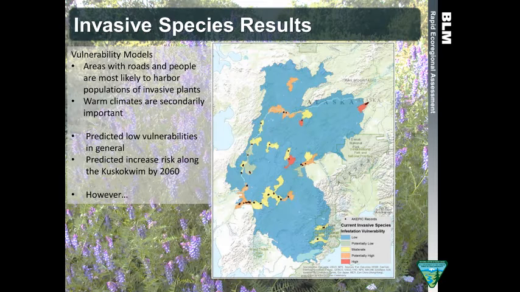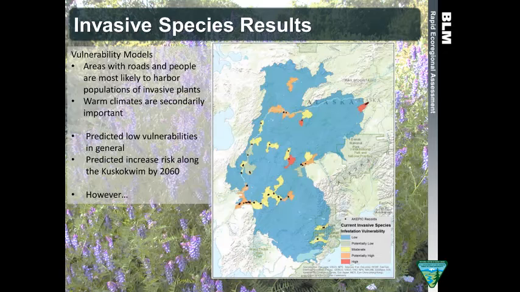Another thing that our analysis indicated is that it's anthropogenic variables that are way more important than climate variables in determining whether there's going to be weeds in a region or not. Most of the climate variables that were important have to do with the length of the growing season, how warm it is during the summer, how early the thaw dates are, and things like that.